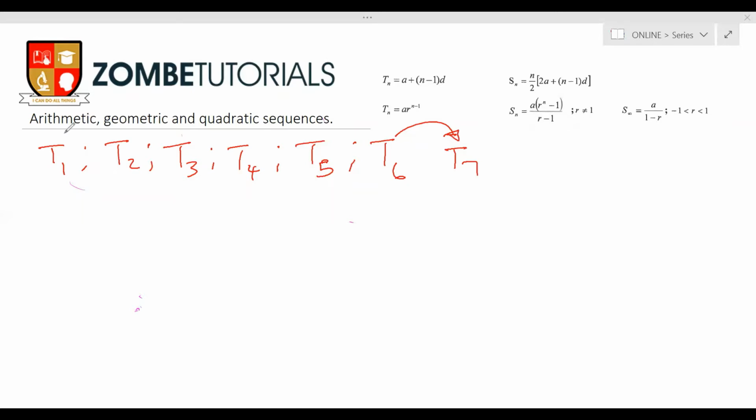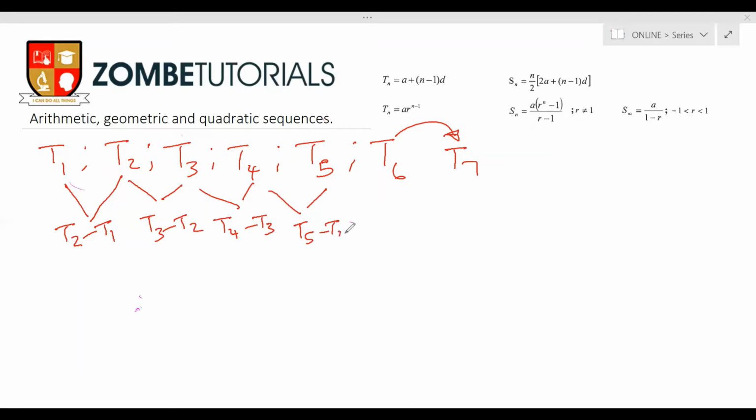So now how do we distinguish between an arithmetic progression and a geometric progression? We do this by simply calculating the differences. First of all, we calculate the first difference, that is calculating the next term from the previous term. If we discover that our first difference is equal, then that means this is an arithmetic progression.